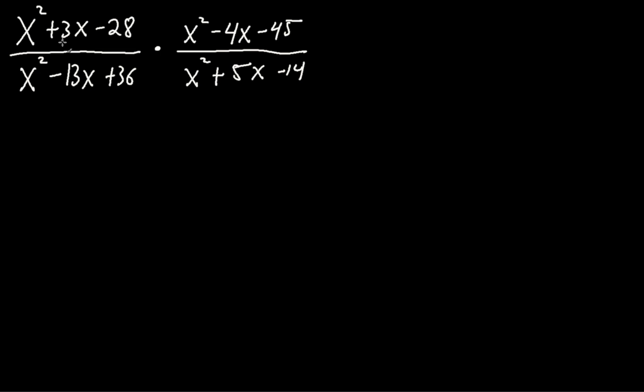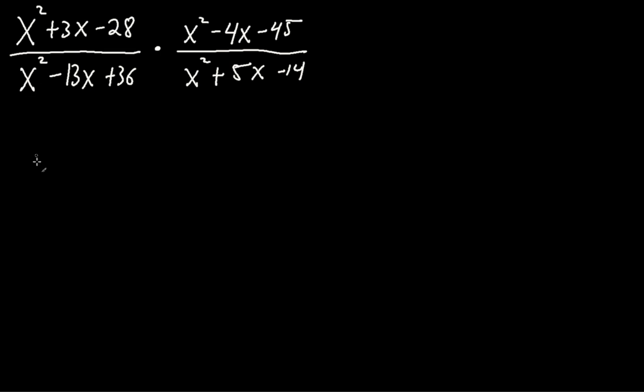Well, x squared plus 3x minus 28 over x squared minus 13x plus 36 times x squared minus 4x minus 45 over x squared plus 5x minus 14. Okay, well, let's see what we can do. For this top left-hand trinomial, this is again a leading coefficient of 1 problem.